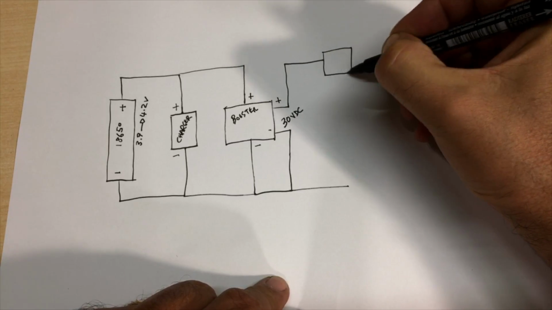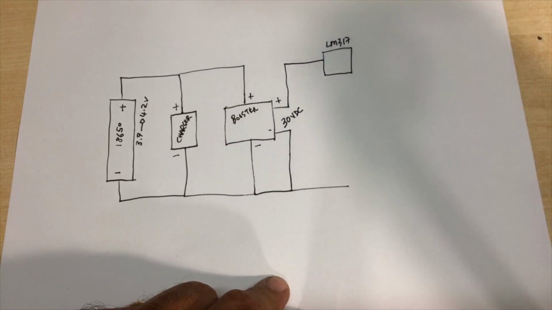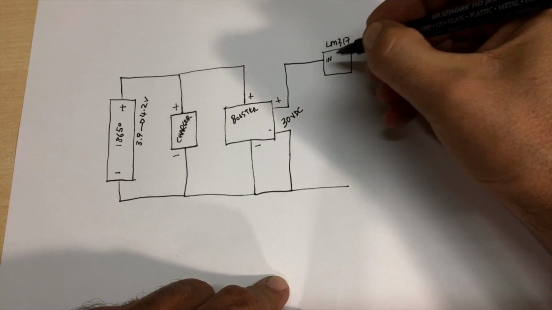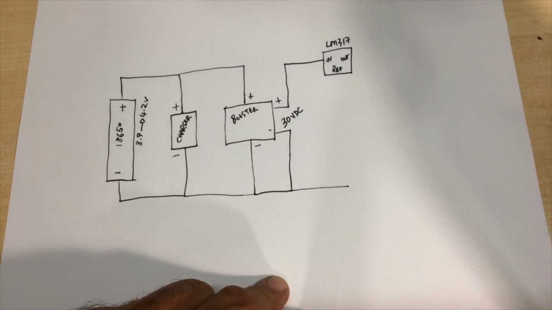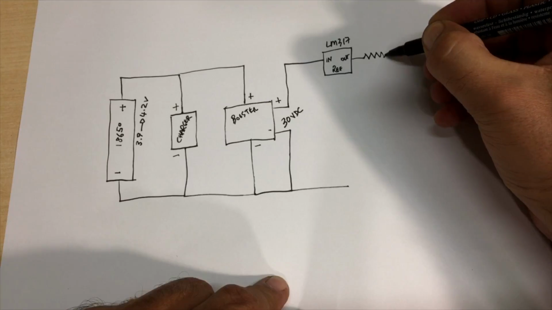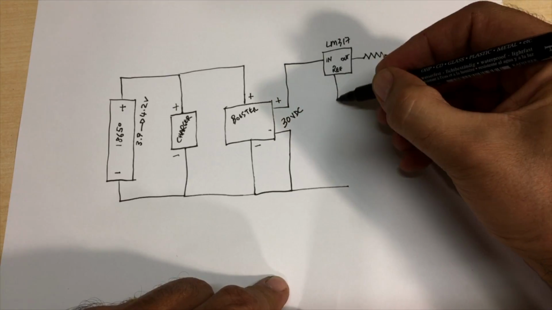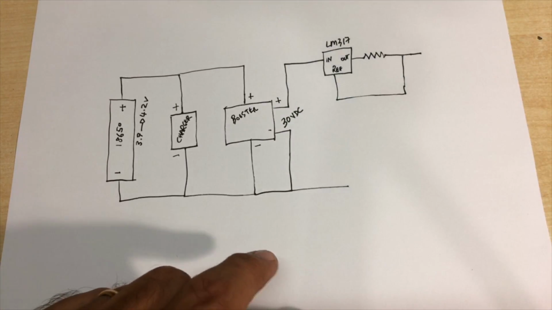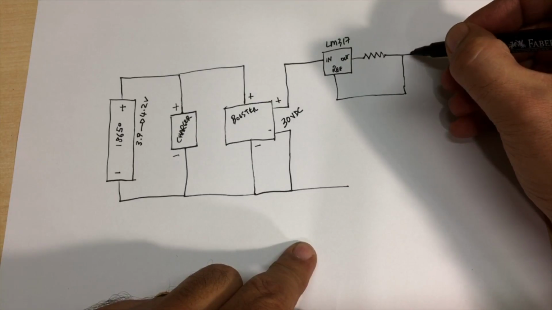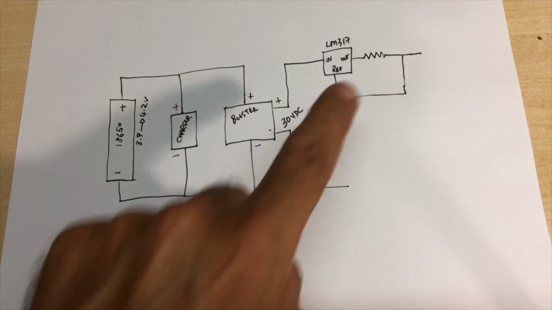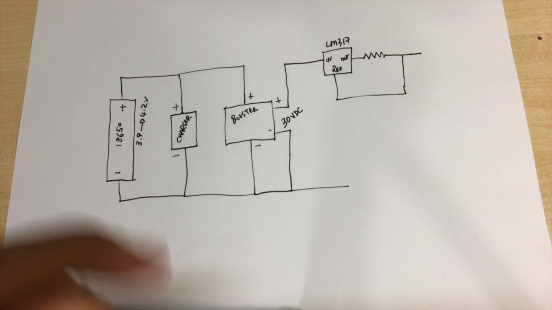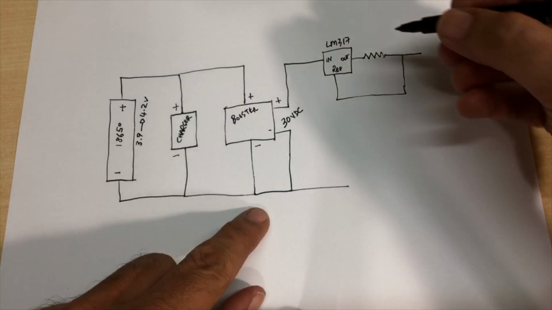Then we're going to take the voltage regulator, the LM317, we're going to do that. In order to get 10 milliamps, we're going to put in here a 120 ohm resistor.